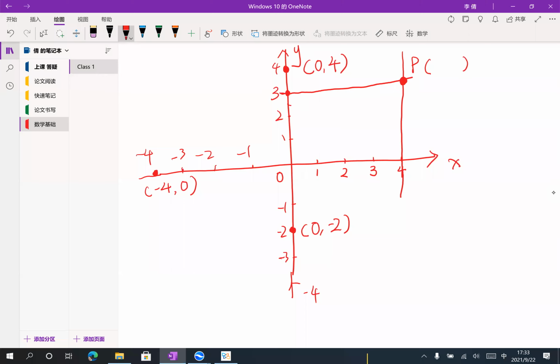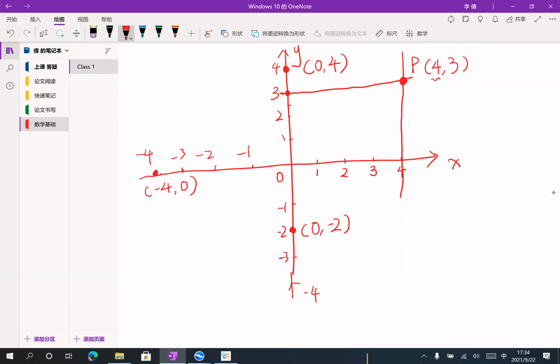Is it (3, 4) or (4, 3)? It will be (4, 3).